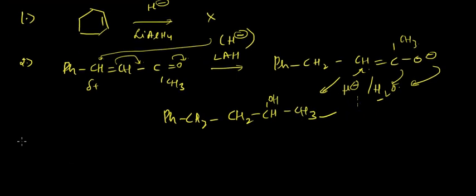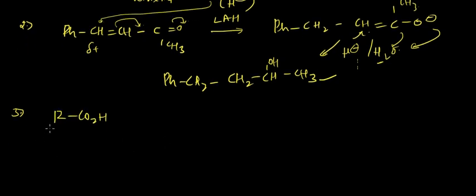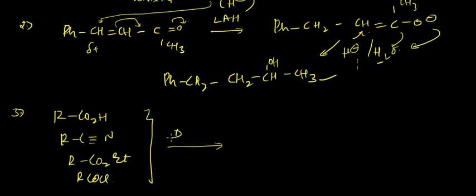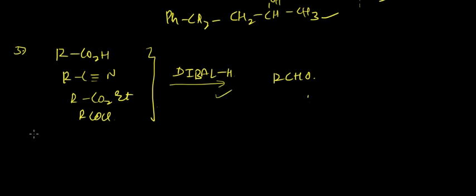Okay, so let us see what actually happens in this case. With all this compound we react DIBAL-H, okay, and all will be reduced to RCHO. We have seen this reaction previously also in the preparation of aldehydes.